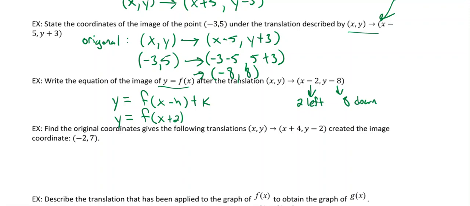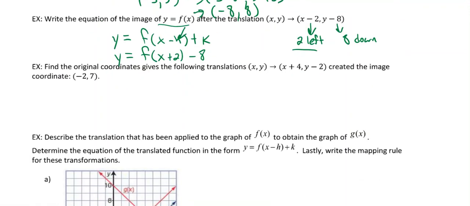And then your k value would be -8. So the k is like you would think, and the x is the opposite. But actually, the x isn't even really the opposite when you think about it, because if I'm going 2 to the left and I put a -2 in for h there, then I would be going minus -2, which would be plus 2, right? So it still makes sense.